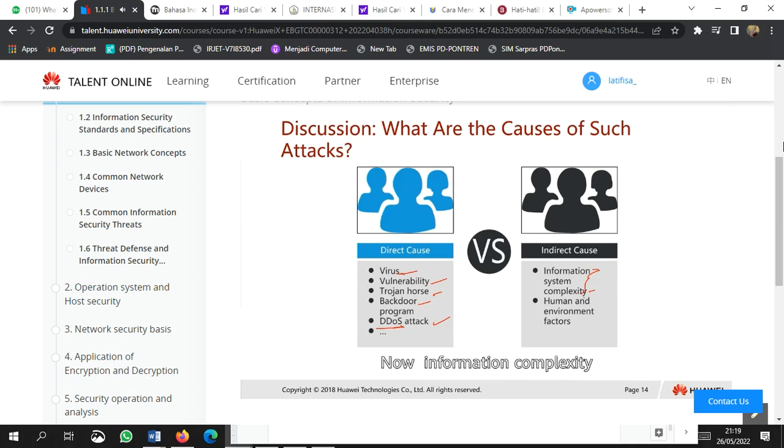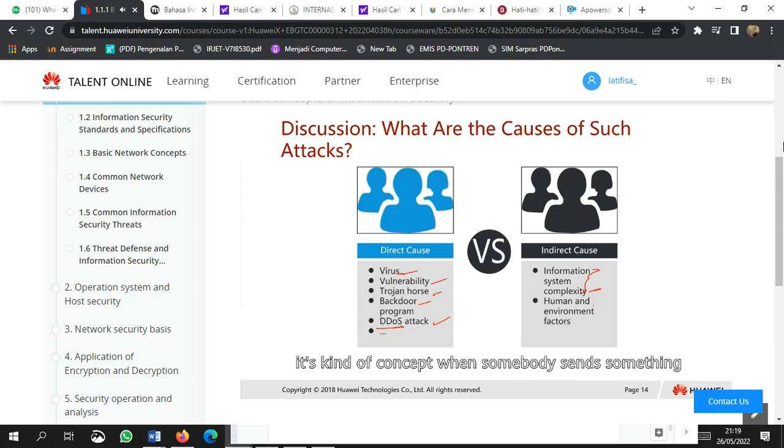And indirect cause could be information system complexity. Now information complexity can be in so many different areas. It could be because the design of the flow of a company's information is so complex that sometimes if you want to trace where the root cause is, it's actually a hassle.